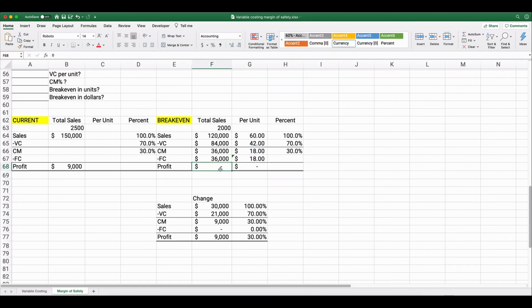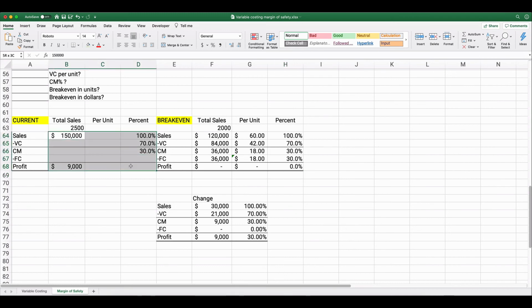At 0 total profit, divided by units is still going to be 0 profit per unit. Here we can take the 36,000 divided by the 120,000, that's 30%, and once again 30 minus the 30% gives us 0%. Well, we're halfway finished.